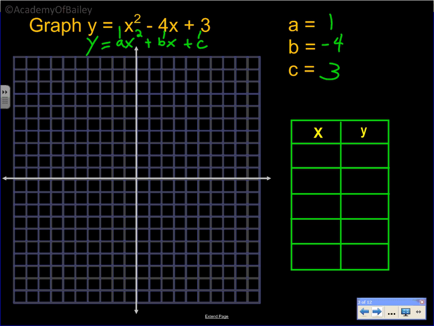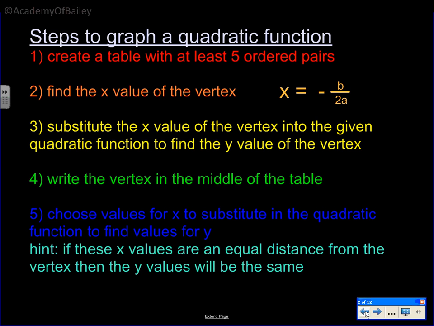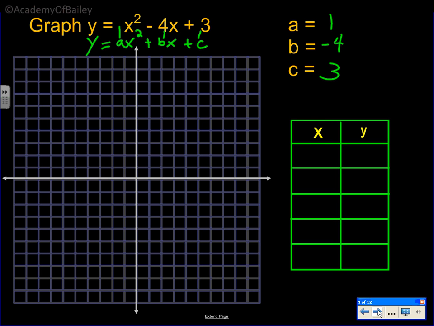Okay, so if we look here, we have a, b, and c identified. It says create a table with at least 5 ordered pairs. I have that table created right here, 5 ordered pairs.